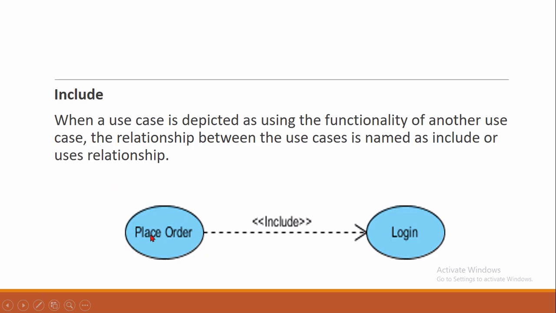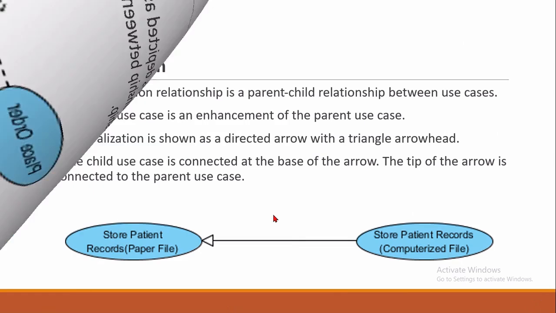Here the use case place order includes another use case, which is login. We are going to place an order through the login only. Same as extend, we use a dotted arrow with an include stereotype here.